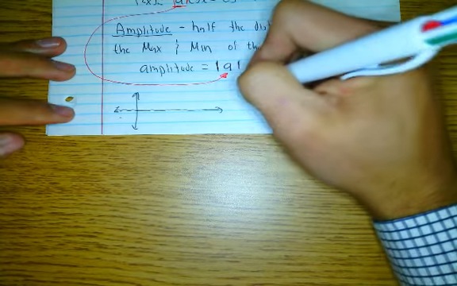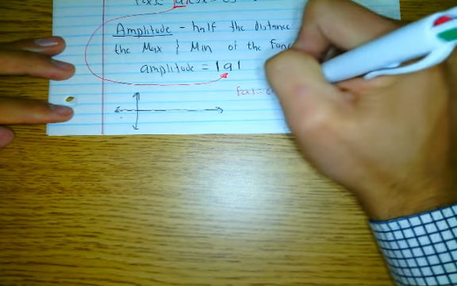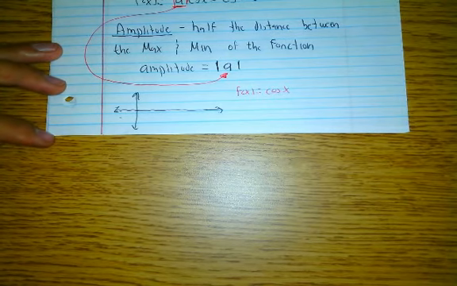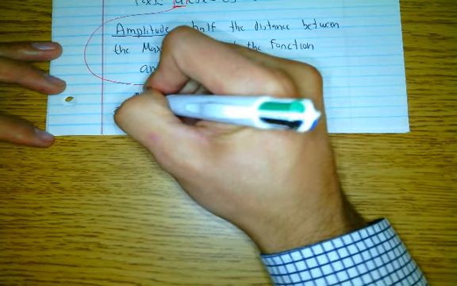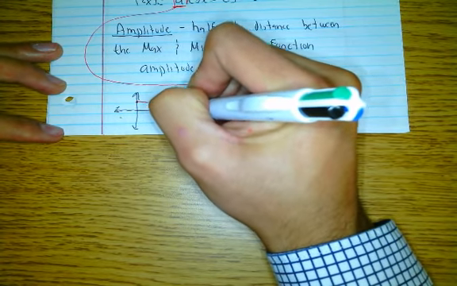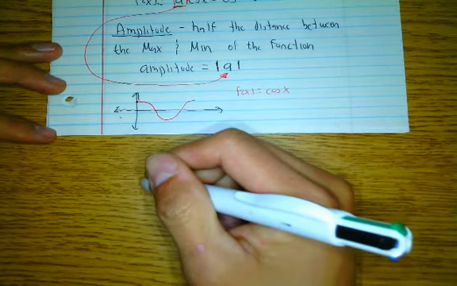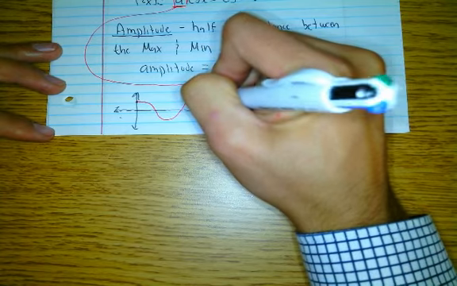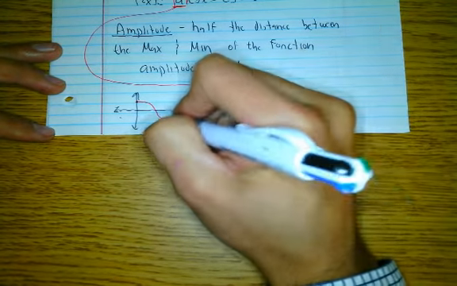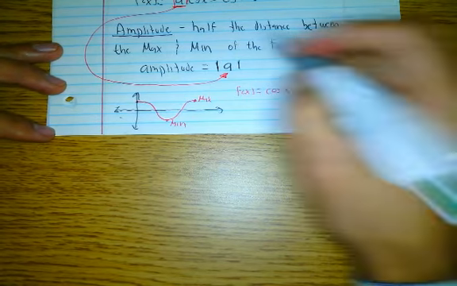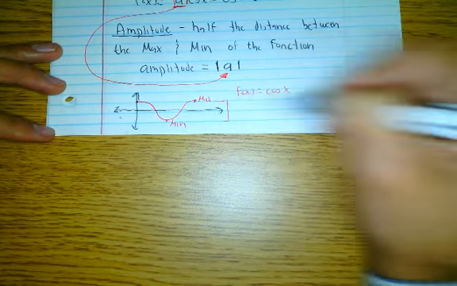So I'm somewhere up here, and then I go somewhere down here, and then right back up. Would you say that this is my maximum? And this is my minimum? And there's a distance that goes from here to here. Correct? Well, the definition says that I don't want that distance. I want half of it.